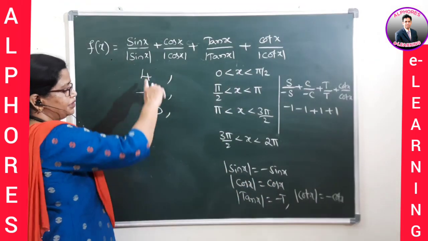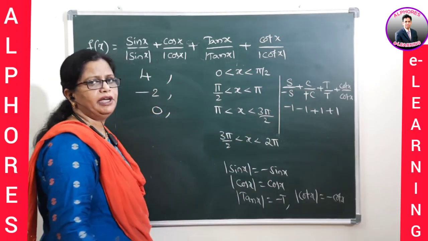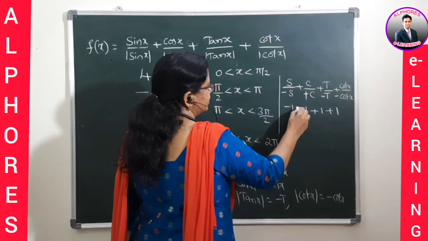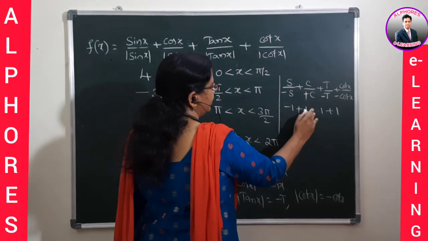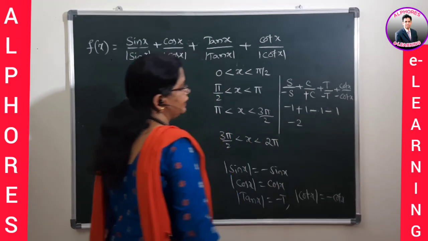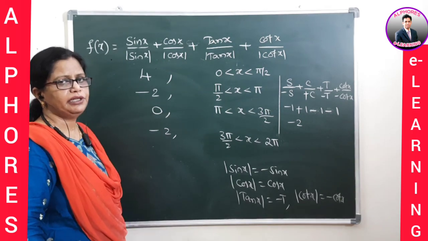Then, if you substitute sine divided by minus sine, cos divided by plus cos, tan divided by minus tan, and this one, you got minus 1 plus 1, and minus 1 here, minus 1 here. So, what is the value finally? Minus 2.